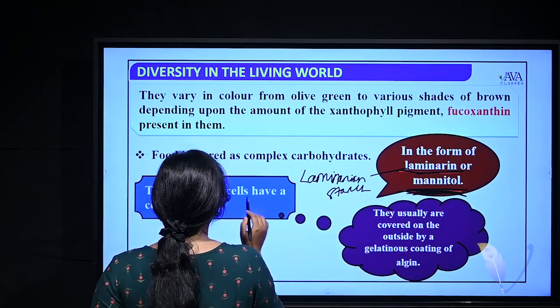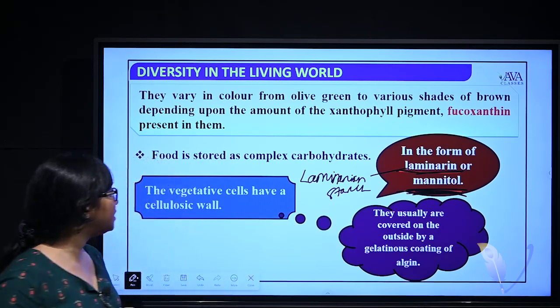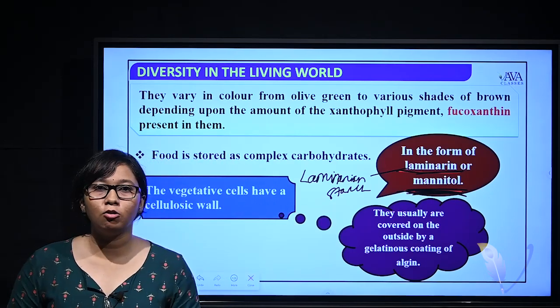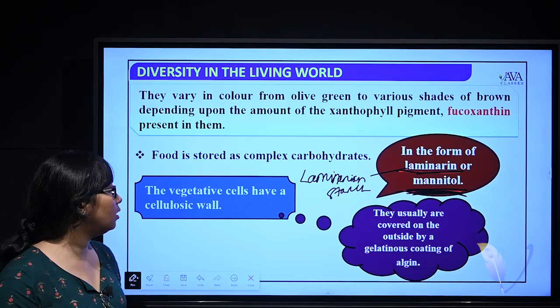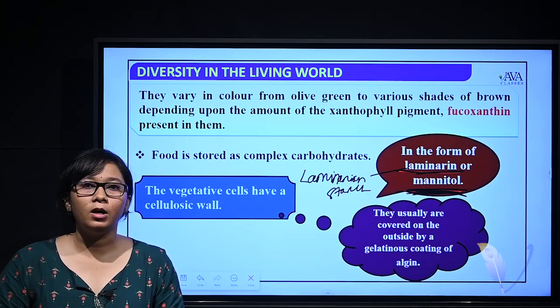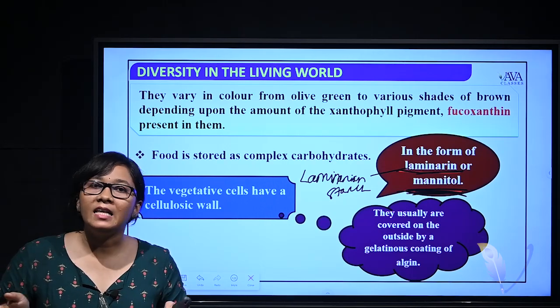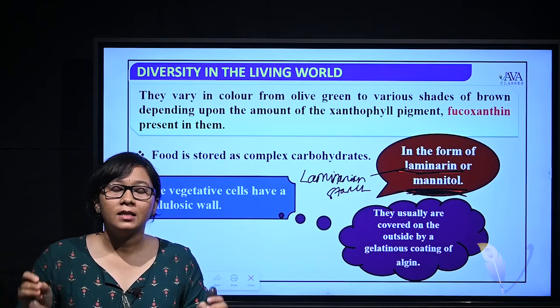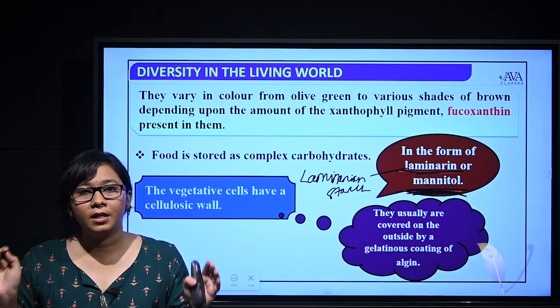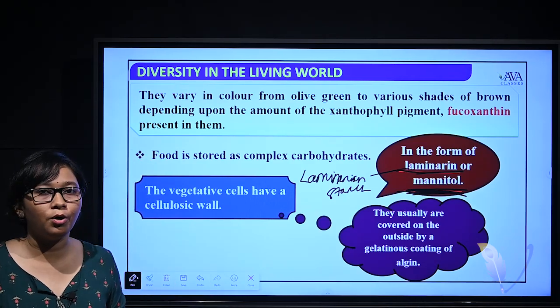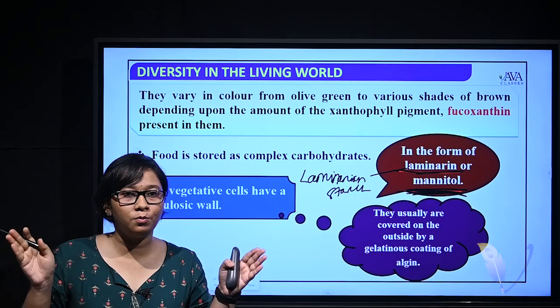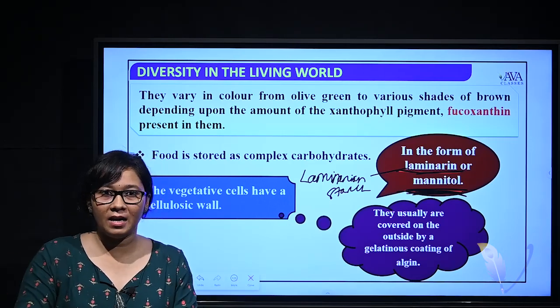The vegetative cells have a cellulosic wall. As I told you before, all those green algae, brown algae and red algae are one type of plant cells. Their cell wall is composed generally of cellulose, as they are plant cells.